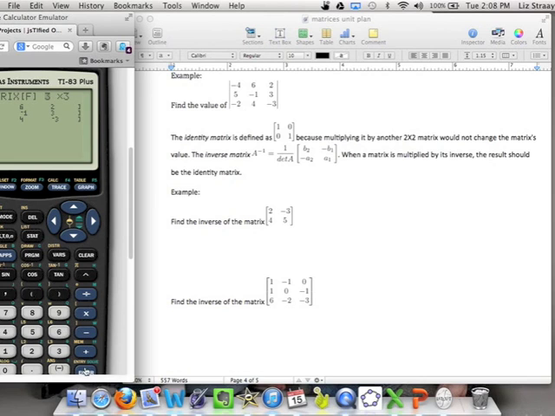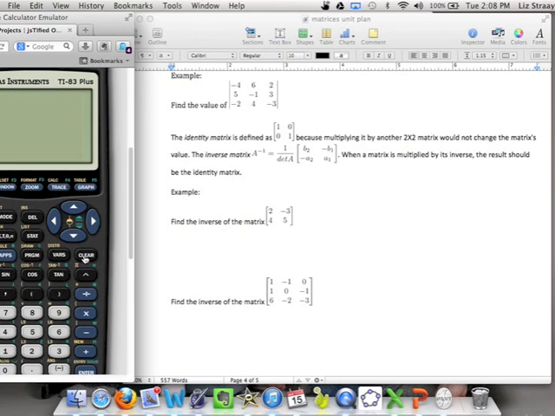So I'm going to edit F. I want it to be a 3x3, and then just put in all the new data. And then, as before, quit out to the home screen. So second mode quits out to the home screen.